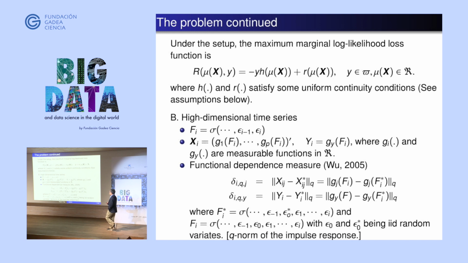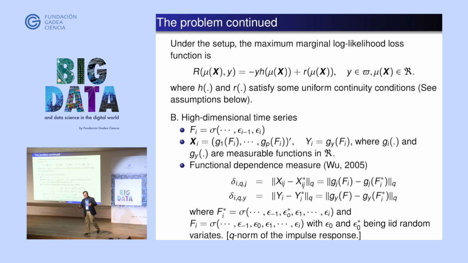For high-dimensional time series, I give a more specific way to quantify the dynamic dependence and the cross dependence and so on. For those who understand time series analysis, in the literature people use mixing conditions to quantify dependence.